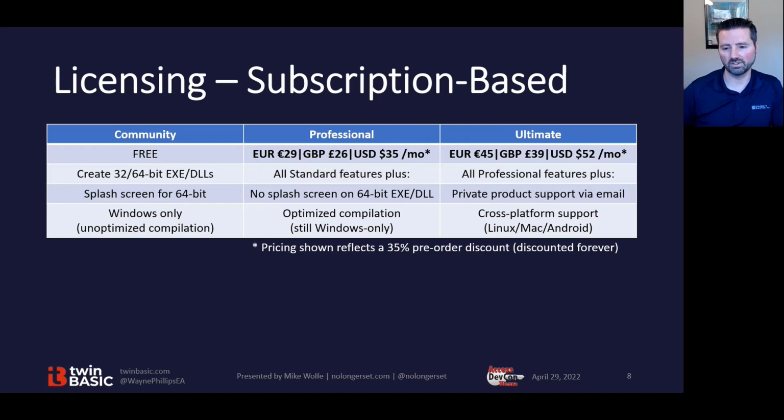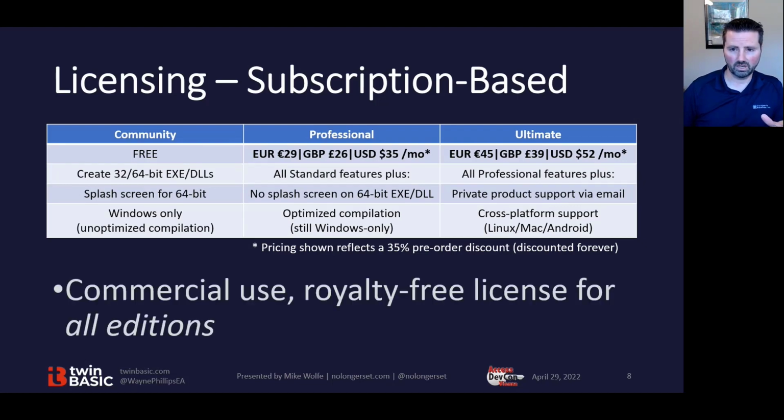You lock that in. If you're going to develop with twinBASIC for the next 10 years, you would pay this rate, even if the rate goes up for newer users later down the road. All editions, including the community edition, are commercial use, royalty-free licenses. So you don't have to worry about licensing individual users or anything like that.